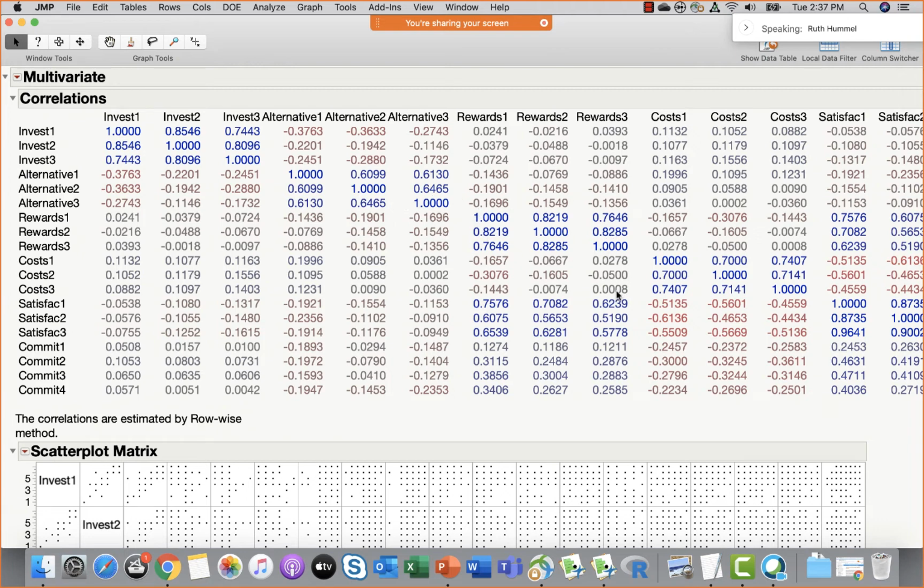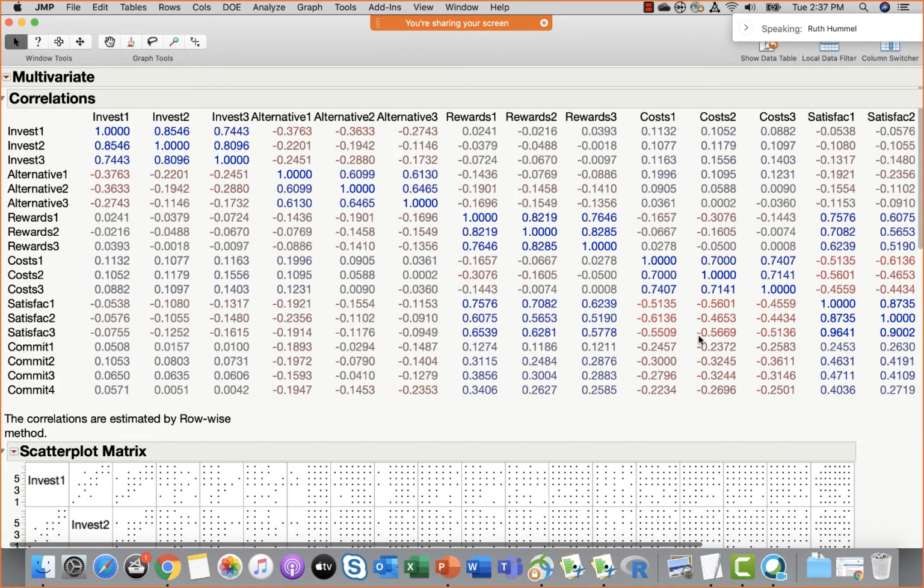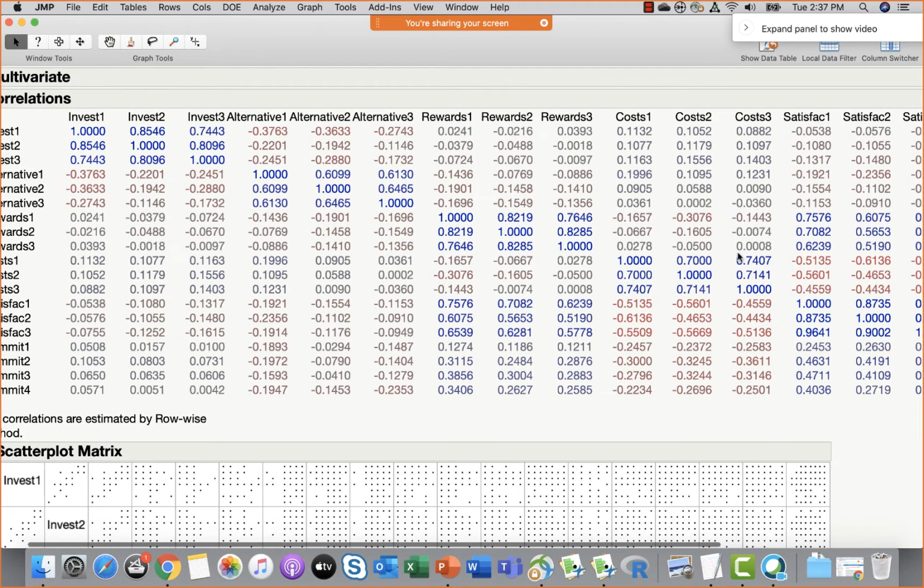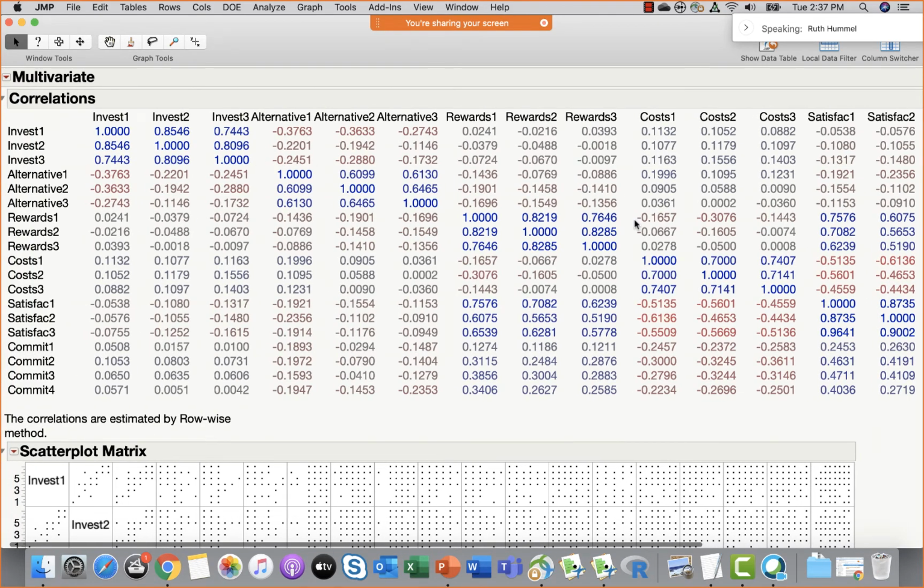But we also see a weird little cluster of rewards related to satisfaction. That's interesting. Satisfaction and rewards might actually be measuring the same thing. Then we see a cluster of cost. Cost also has lots of negative relationships. It's negative with pretty much everything except for the first 2, investment and alternatives.